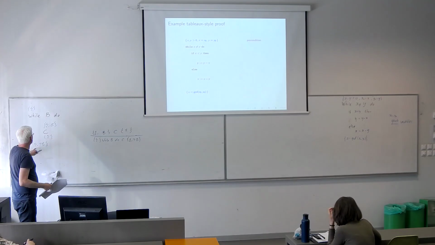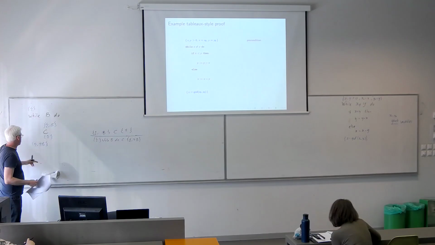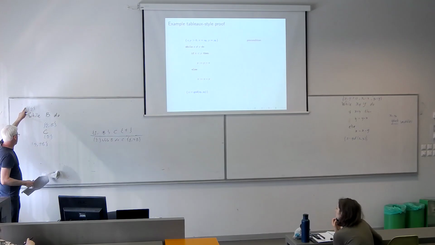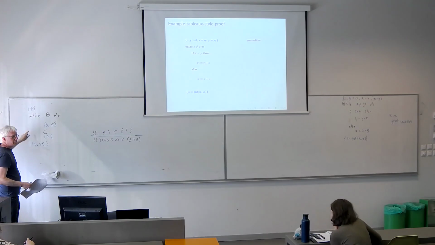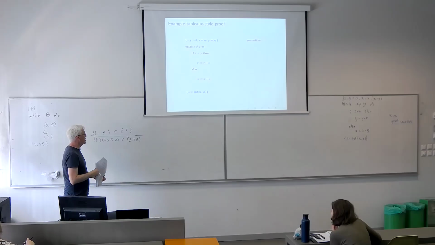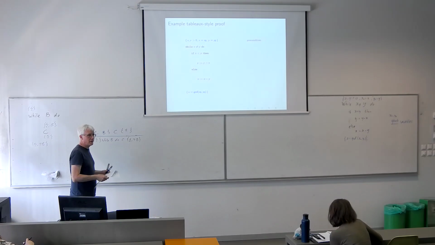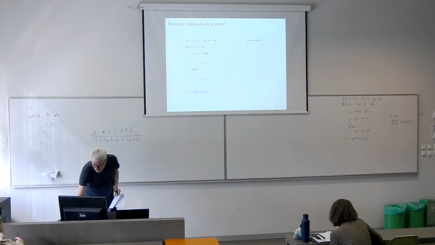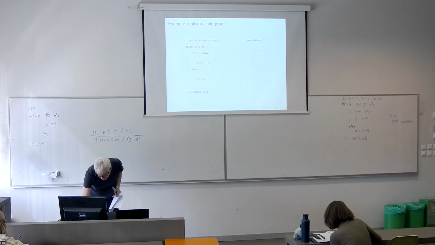So we need to be able to apply the while rule. We need to be able to have a precondition and a postcondition that involve an invariant property, which we don't yet have. But again, we're going to use the implication rule or the consequence rule, but we'll now call it implication in order to get things into the right form. So that should be the next step.